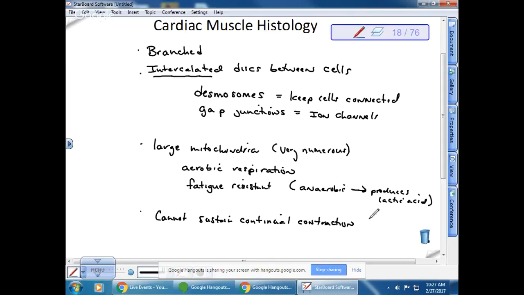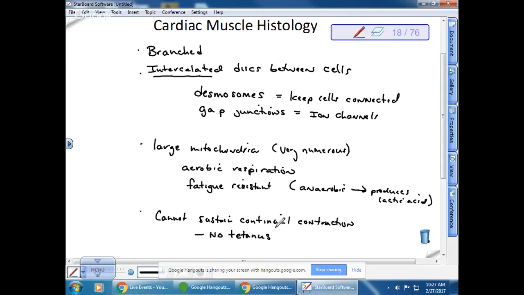So I'll just put no tetanus. And this is not the tetanus like you get a shot for. This is when the skeletal muscle contracts, sometimes it stays contracted for long periods of time. And the heart cannot do that. So it doesn't contract and then just stay contracted. And so it has no tetanus.